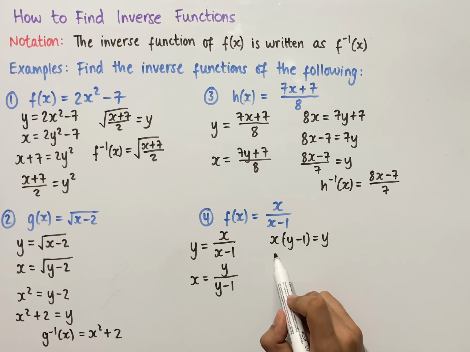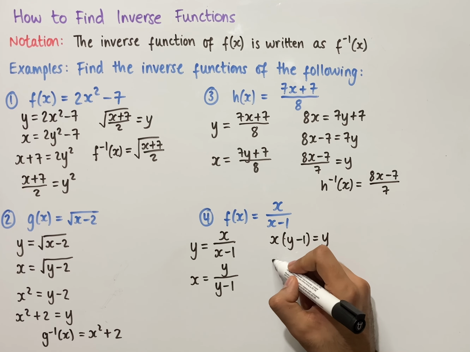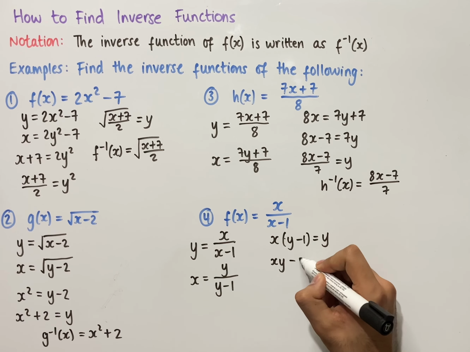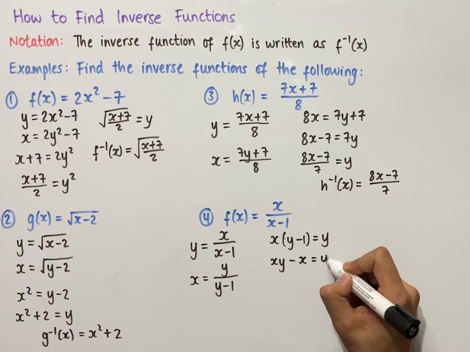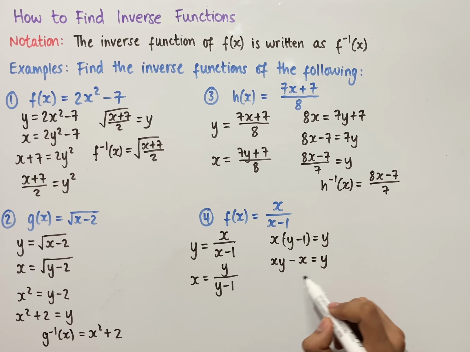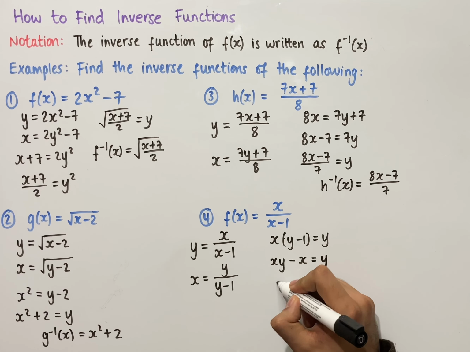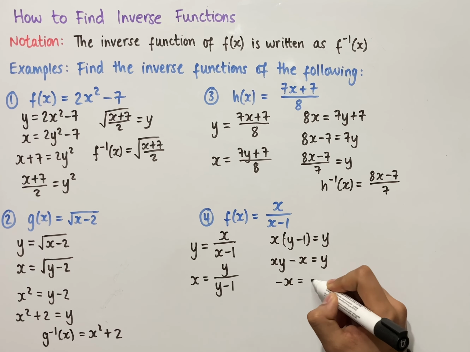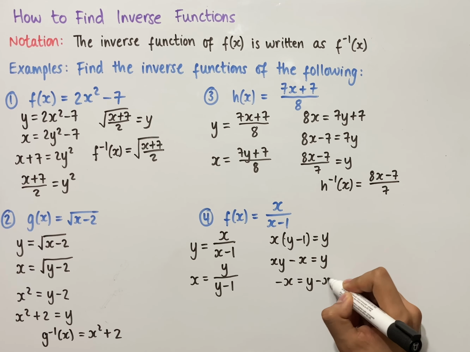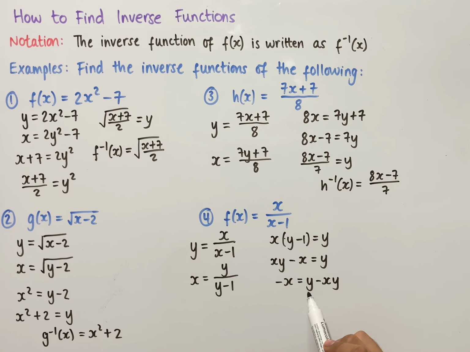We can then expand the brackets out, which now gives us xy minus x, which equals y. And then we can minus xy from both sides, which gives us minus x equals y minus xy. And now because the terms that have y in them are both on the same side of the equation, we can factorize the y out.